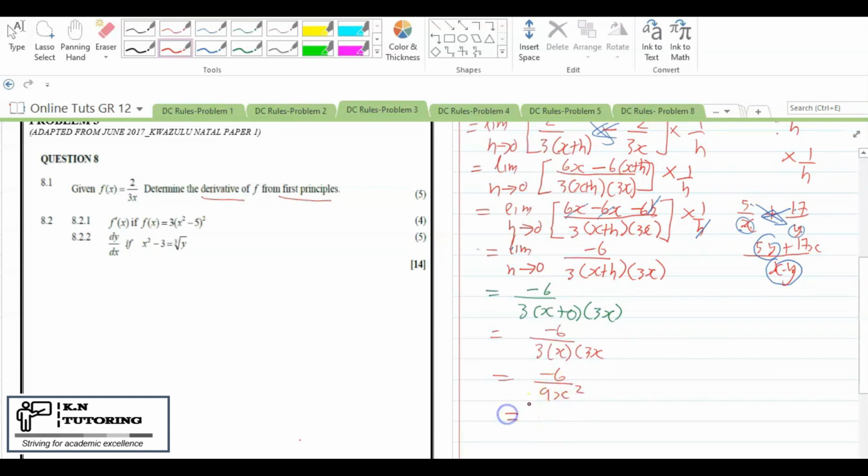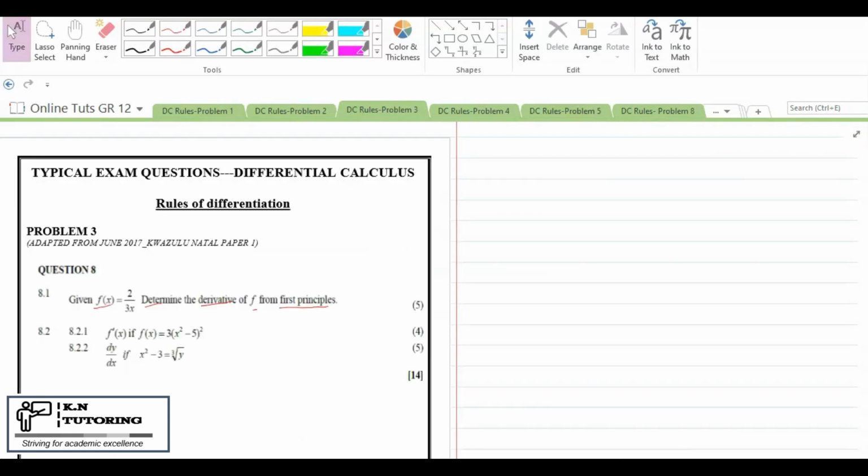I can also continue with my simplification: 3 goes in there 3 times and it goes there 2 times. And then my final answer will be minus 2 divided by 3x squared.